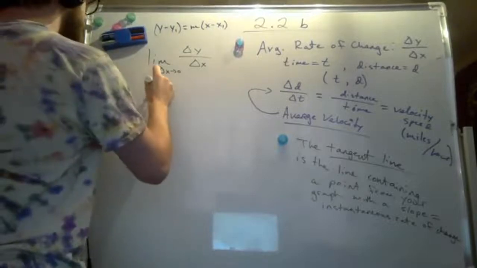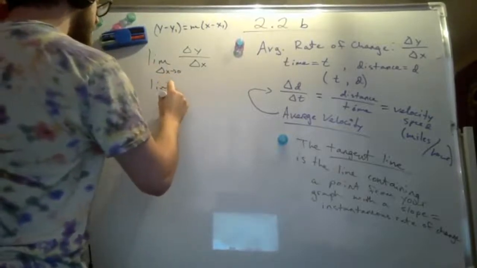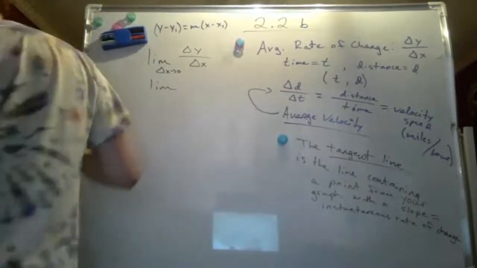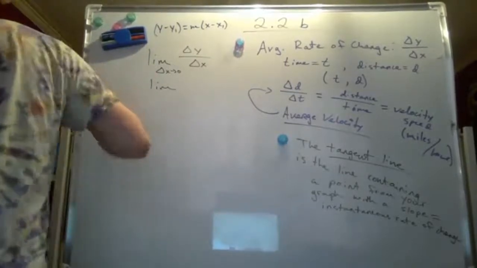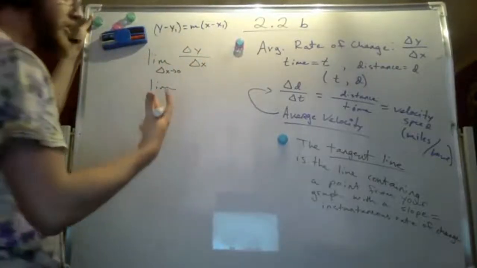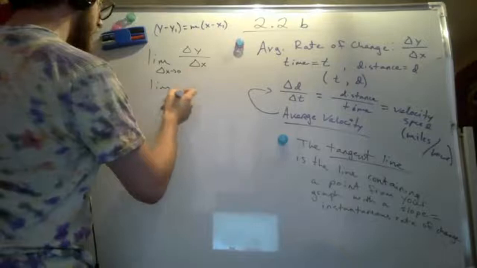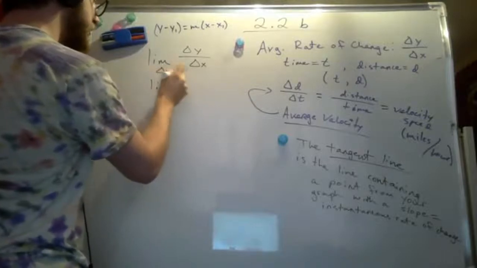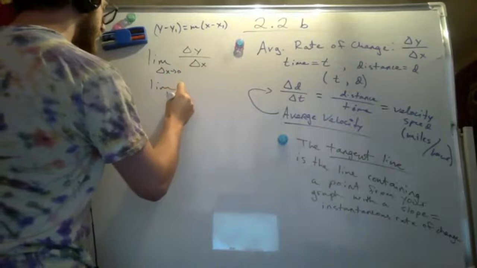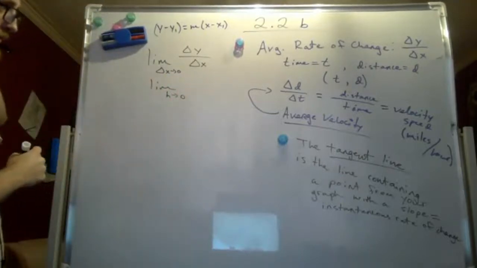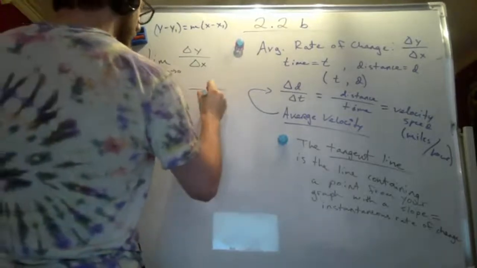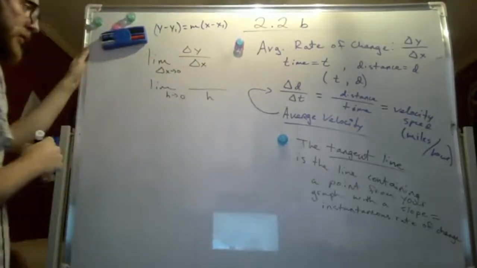Well, that looks like this: our delta y is the change in the y values, and the change in the x's we can also call h for a moment. We're trying to get this h to go to 0. So in our denominator, we have h going to 0.